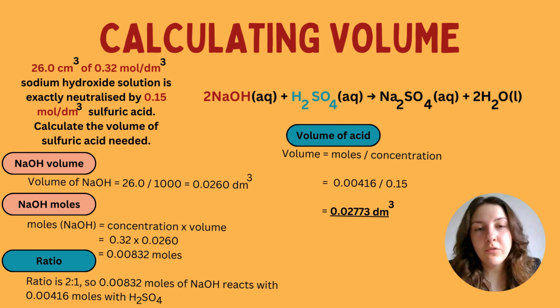So we are doing the number of moles of sulfuric acid divided by the concentration that we're given, which is 0.15, and we get an answer of 0.02773 decimeters cubed. That is our unit, because remember the concentration is in decimeters cubed, so we don't need to do anything else at this point.